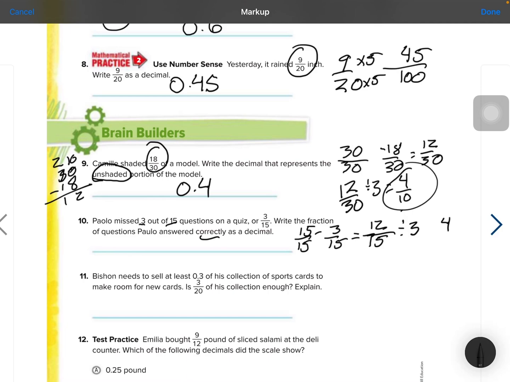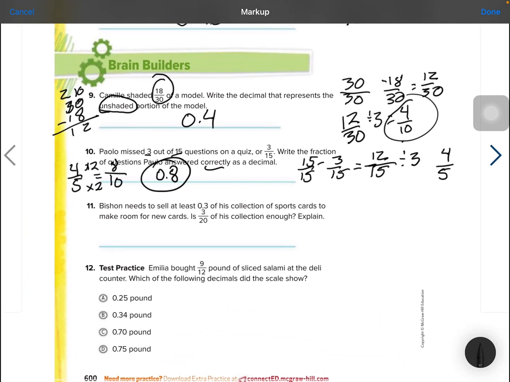So 3 will go into both of these. 12 divided by 3 is 4, and 15 divided by 3 is 5. Now we can move that into a decimal. So 4/5, we can find an equivalent fraction in tenths. 5 will go into 10 2 times. So 4 times 2 is 8. So it would be 8/10 were correct.